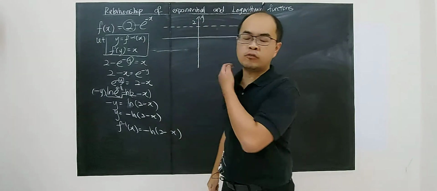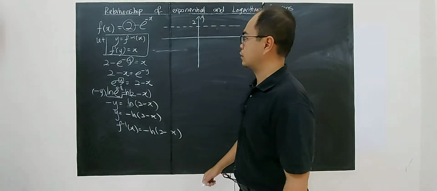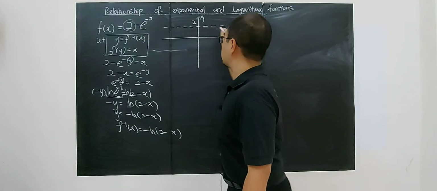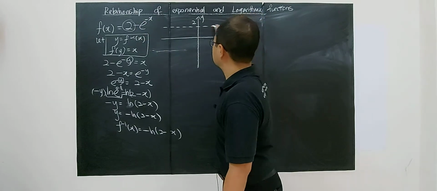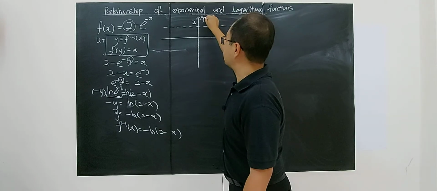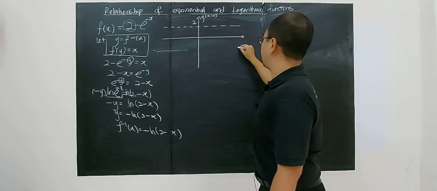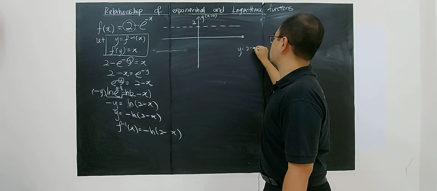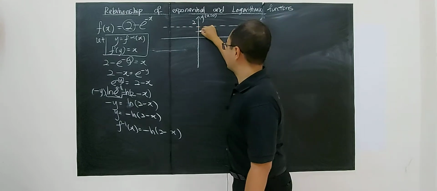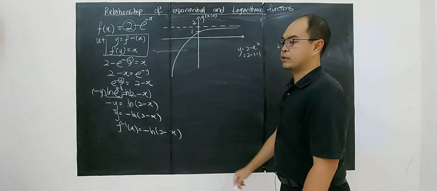You can view the video on sketching exponential functions before you look at the sketching here. The shape will be going this way because of the negative, going down here. It will intercept the y-axis where x equals 0, so y equals 2 minus e to the power of 0, which is 2 minus 1, so they intersect at 1. So the graph happens to be this way.